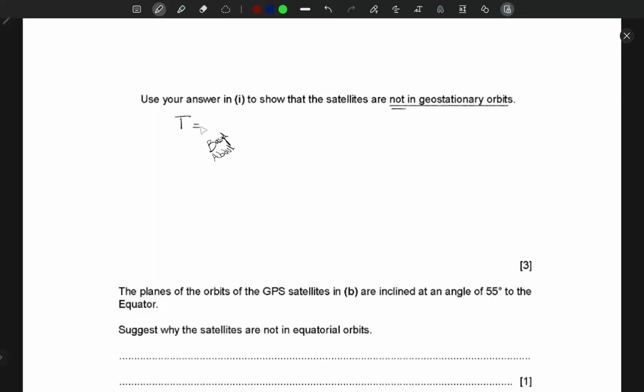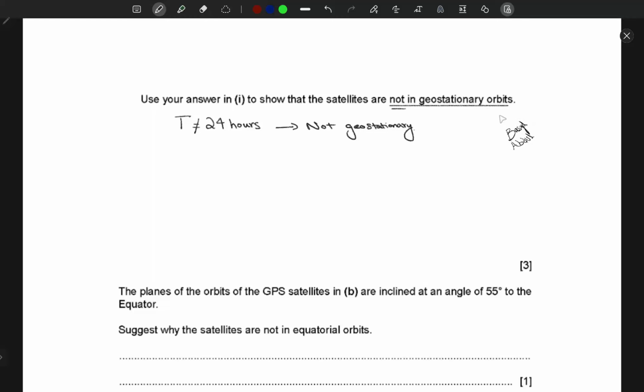So if the time period is not 24 hours, then it is not geostationary. Geostationary really means that the time period of the rotation of the satellite is equal to the time period of the rotation of the Earth. That's how we define geostationary.